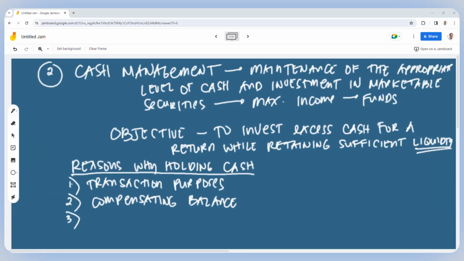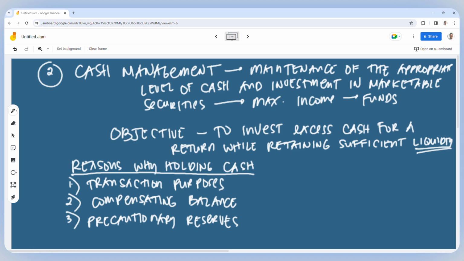Okay? Ano pa? Number three, of course, yung ating precautionary, no? The reason why we have money in the bank because for precautionary reserves. Hindi lang sa bangko but sa inyo, no? Firm holds cash in order to handle unexpected problems like COVID-19, di ba?